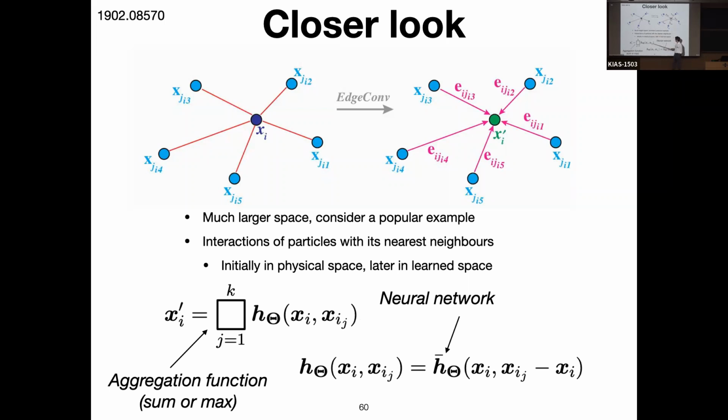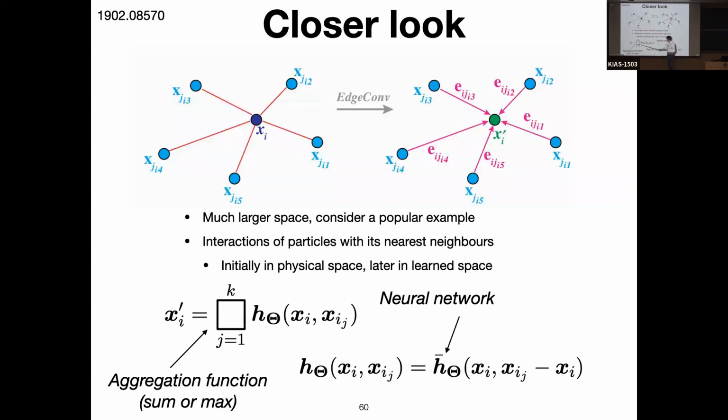So for example, xi1, this feature here. So this is a network that has 2 slots for inputs. For example, if our inputs have 5 features, this would have altogether 10 features. And h of theta is just a neural network. And we apply this to all of the 5 neighbors.